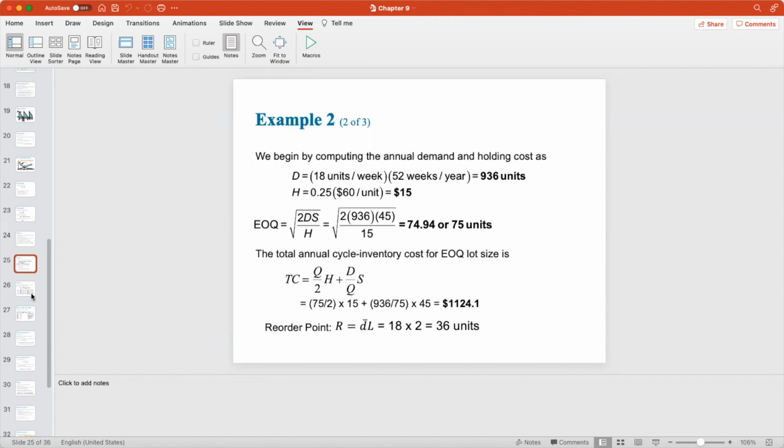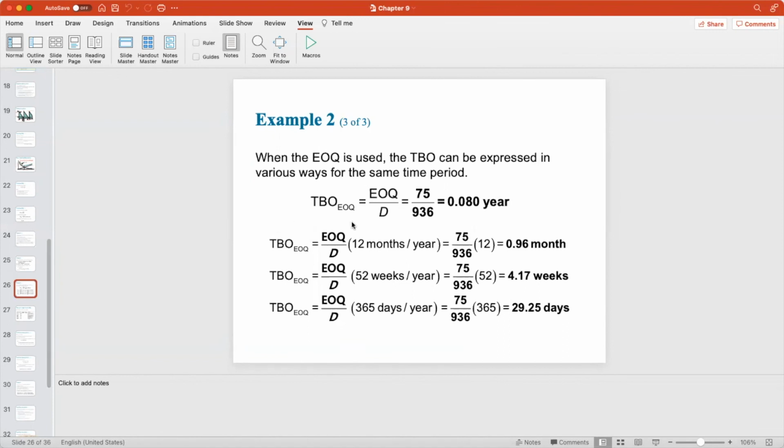Now, besides that, if we also want to calculate the specific time between two orders, you simply use EOQ divided by the corresponding annual market demand. That will give you the specific time.